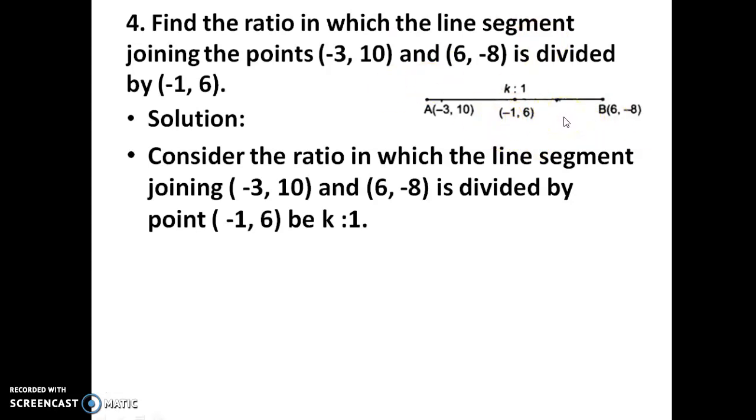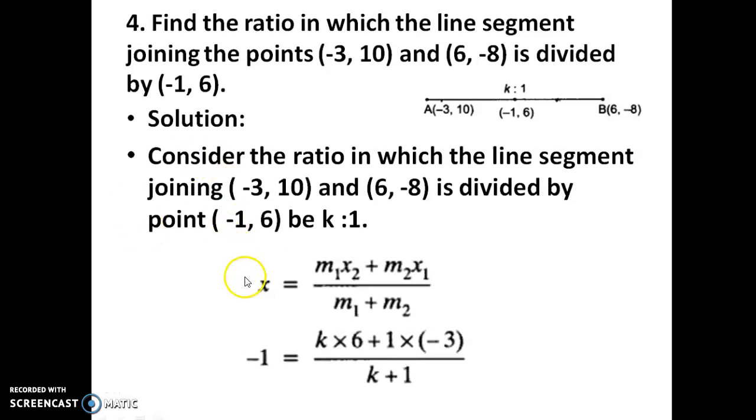In order to find the ratio, we have to consider it as k:1. Okay, k is any variable, so we are keeping it like that, and we will substitute in the section formula. In the section formula, the x coordinate is given by (m1 x2 + m2 x1) divided by (m1 + m2). In the previous video I gave it as m and n.